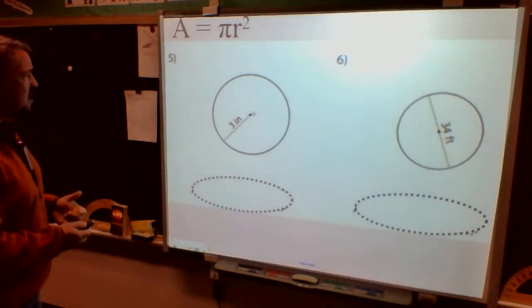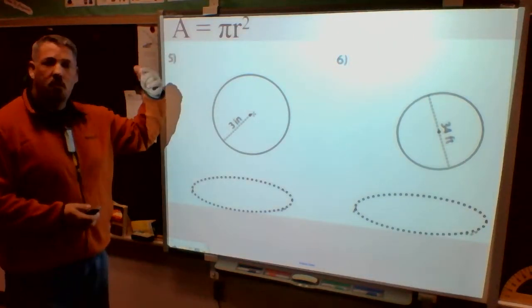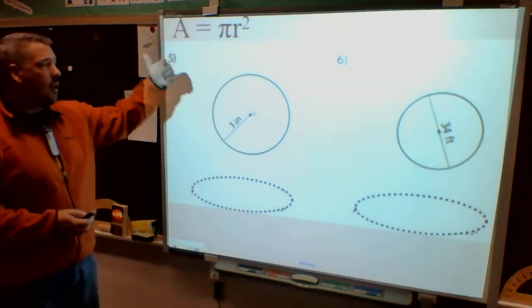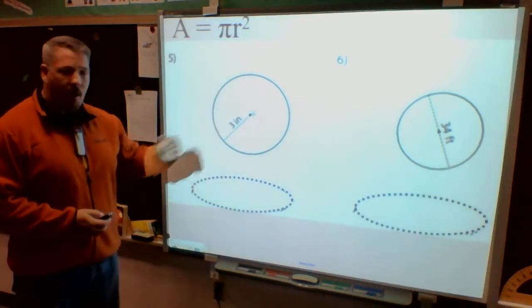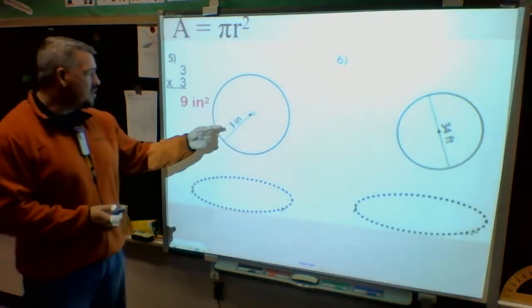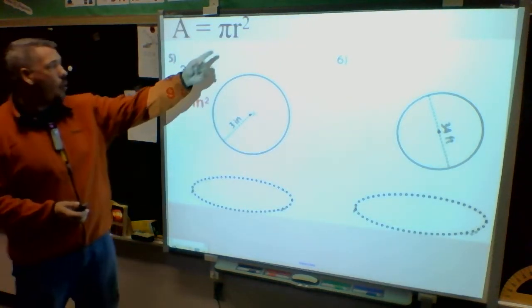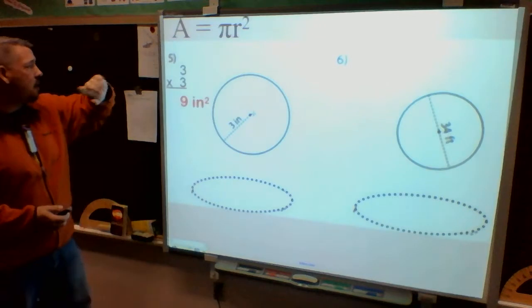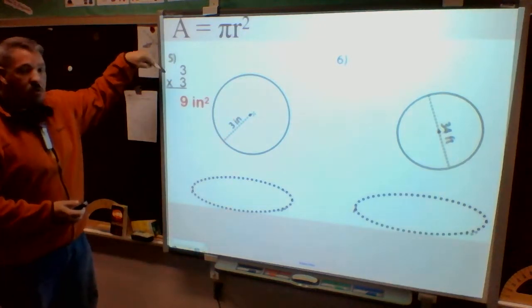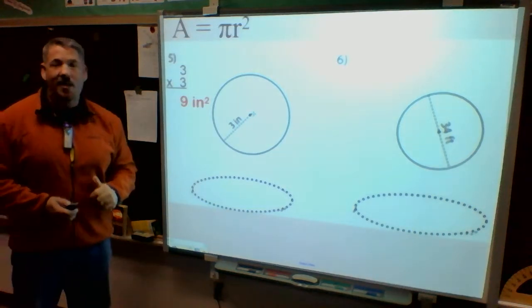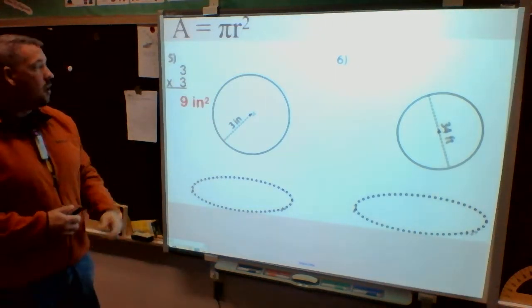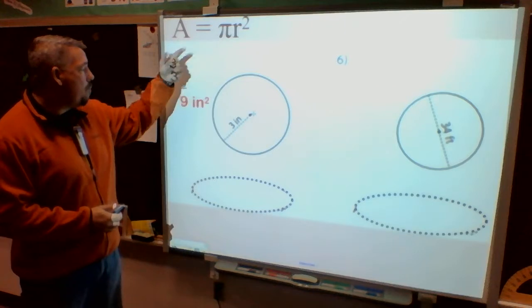So on 5 and 6 then, I still use my area equals pi r squared. That's my formula to find the area of a circle. I'm going to use my radius on number 5, and my radius is 3 inches. According to my equation there, I'm going to square the 3, which tells me that 3 times 3, you should have gotten 9 square inches. Then I just multiply that by pi.